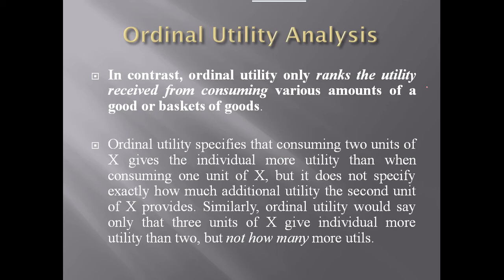It is a much weaker notion than cardinal utility because it only requires that the consumer be able to rank baskets of goods in the order of his or her preferences.